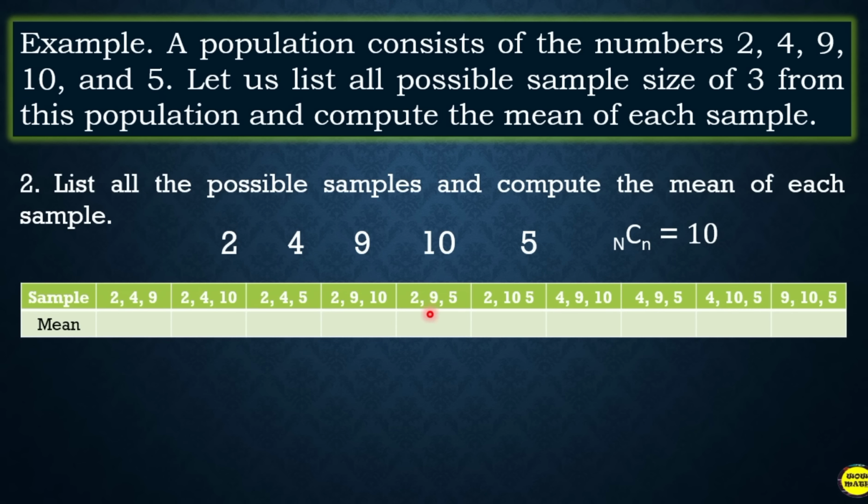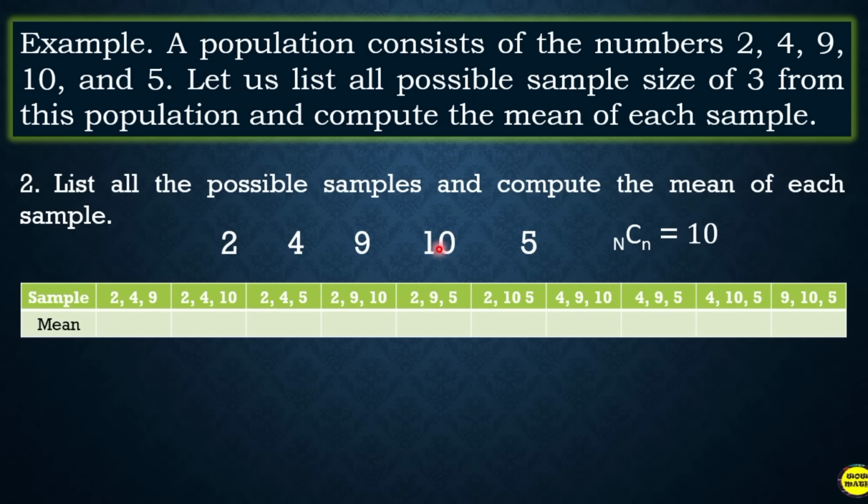Since there are no more after that, we are done with 9. Next is 2, 10, 5. Now we have covered 4, 9, and 10 with 2. So proceed to 4: 4, 9, 10. 4, 9, 5. And then 4, 10, 5. And then 9, 10, 5. Counting them, there should be 10: 1, 2, 3, 4, 5, 6, 7, 8, 9, 10. So these are the possible samples of size 3.